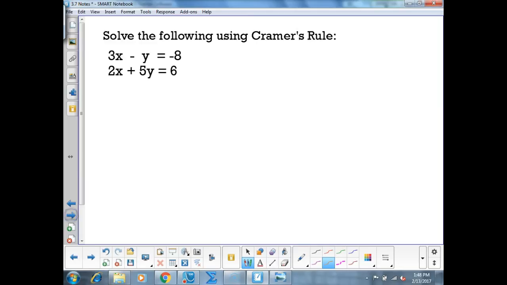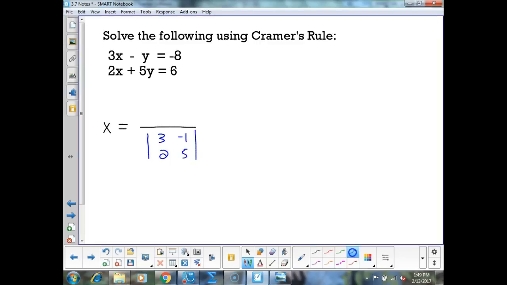Let's put it to work. We'll do one example where we use Cramer's rule first. My first check says that I need to make sure that everything's lined up. X's, Y's, equals, numbers, all lined up. So, to find X, the first thing that I do is I find the coefficients, 3, -1, 2, and 5, in that order down there.